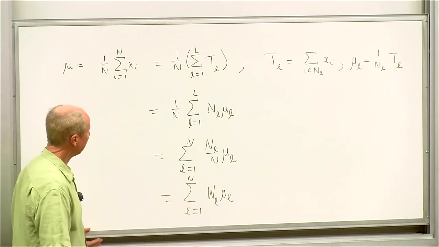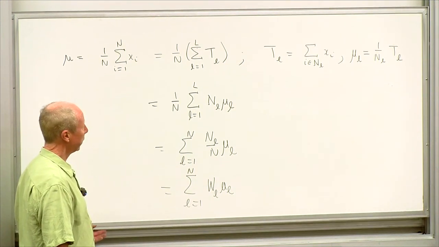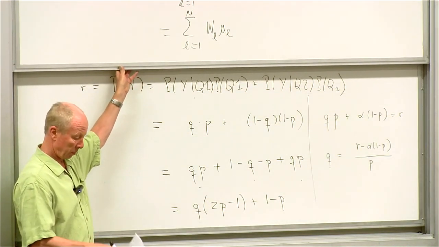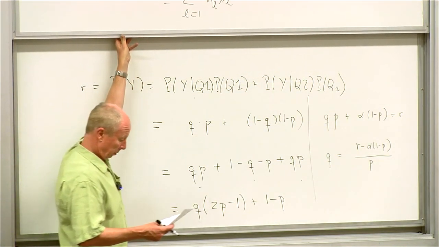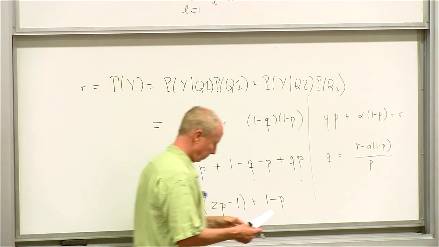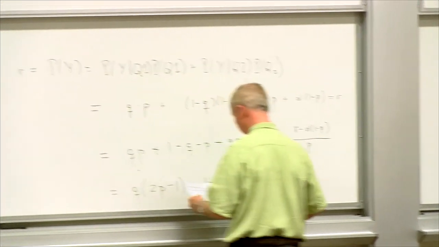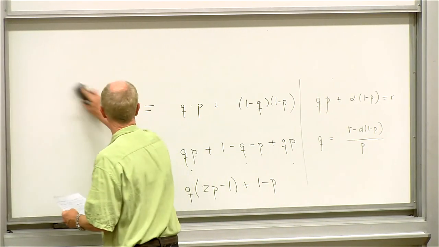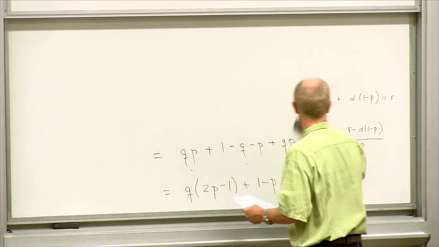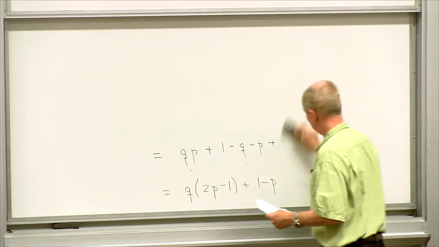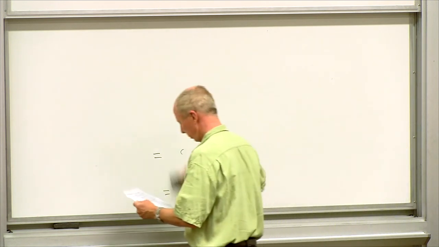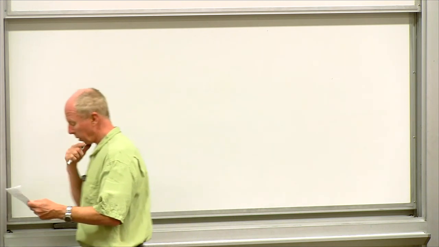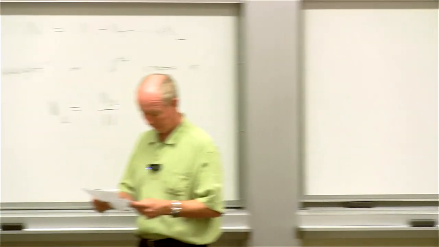Okay? Any question about any step here? So the object is to approximate mu.